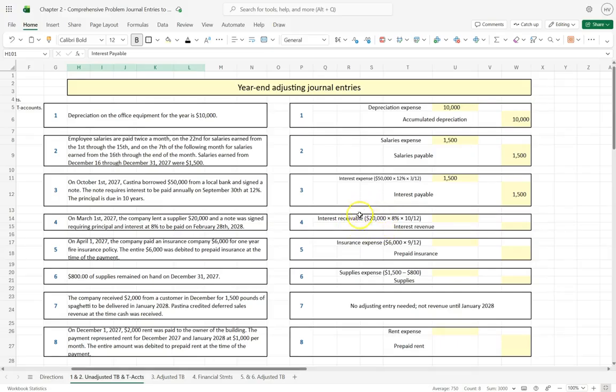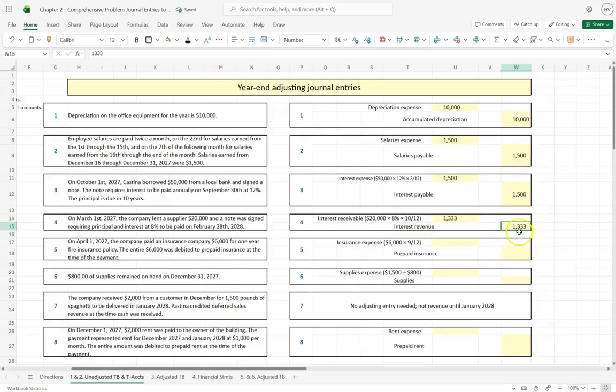We're going to take the principal value of that note, which is $20,000, multiplied by our annual interest rate of 8%, times the number of months we're owed interest for, which is 10 out of the 12 months, because we lent the supplier on March 1, so there are 10 months remaining in the year. That number ends up being $1,333. I'm going to debit interest receivable and credit interest revenue for that amount.